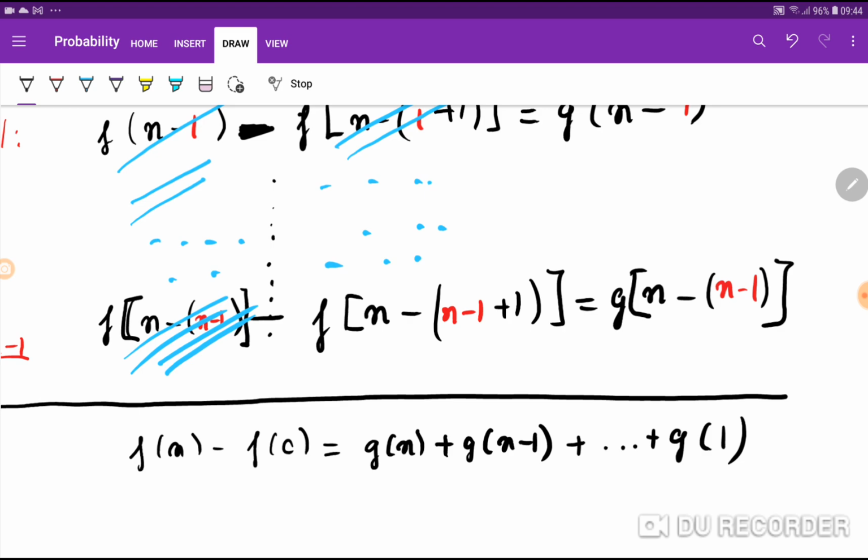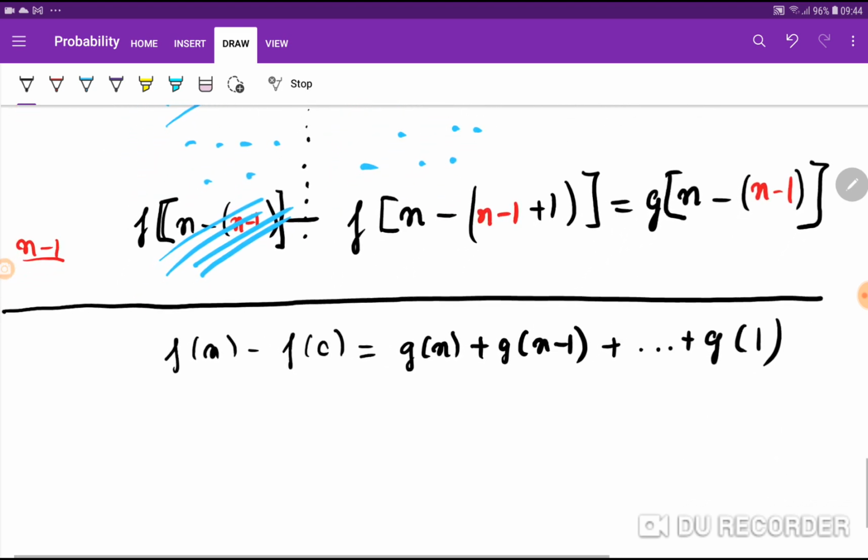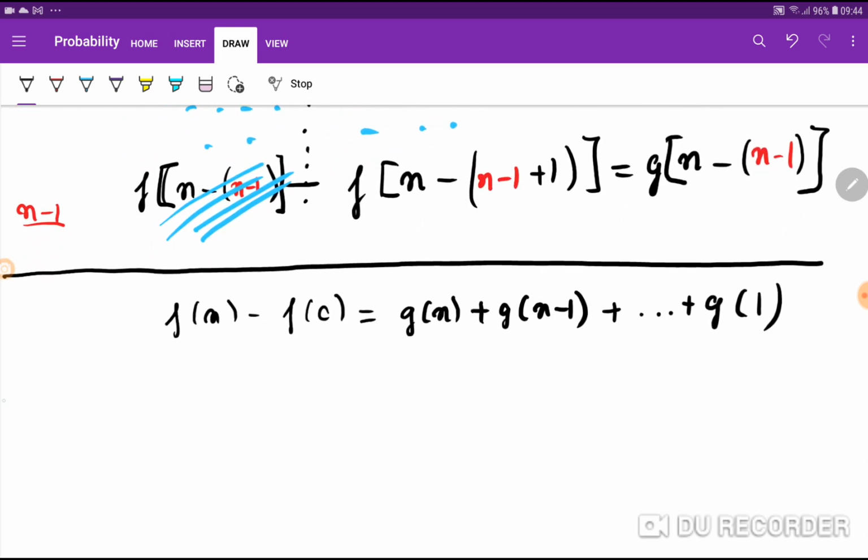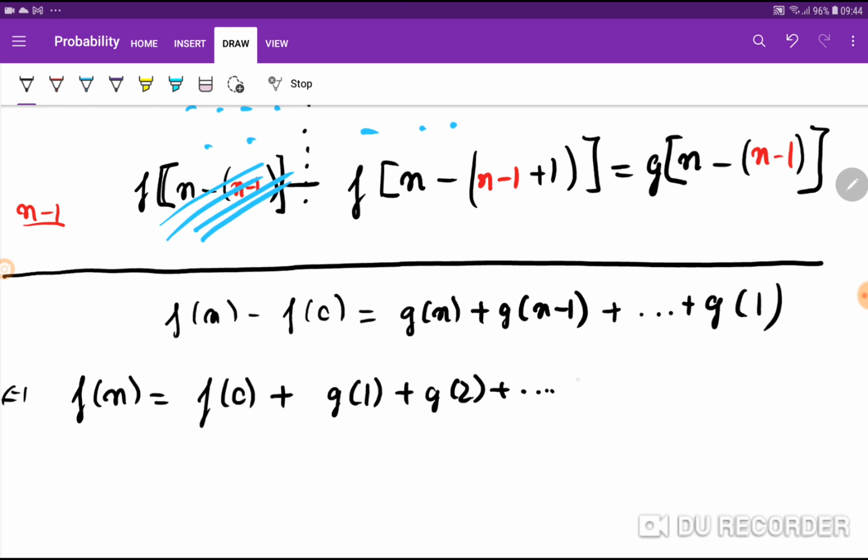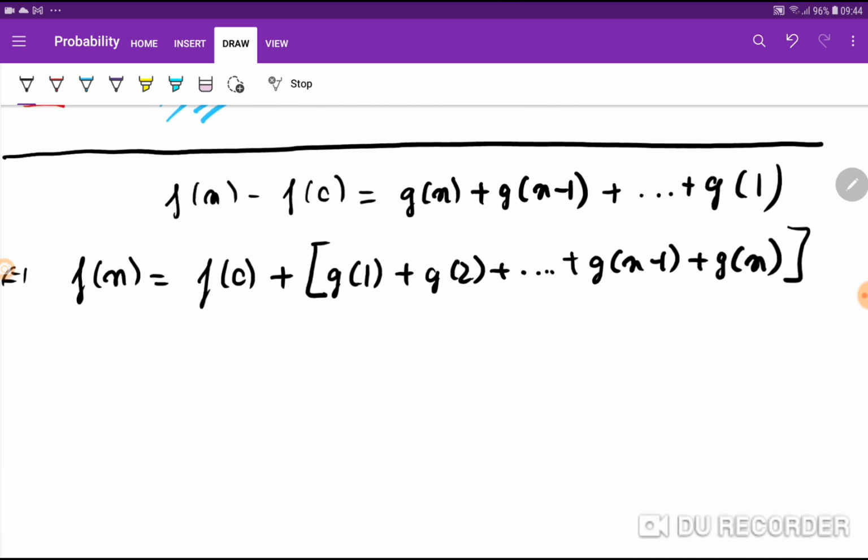So what's f_n? f_n equals f_0 plus g_1 plus g_2 and so on the way to g_n. Okay, now I'm going to rewrite it in the normal terms. So what is f_n?